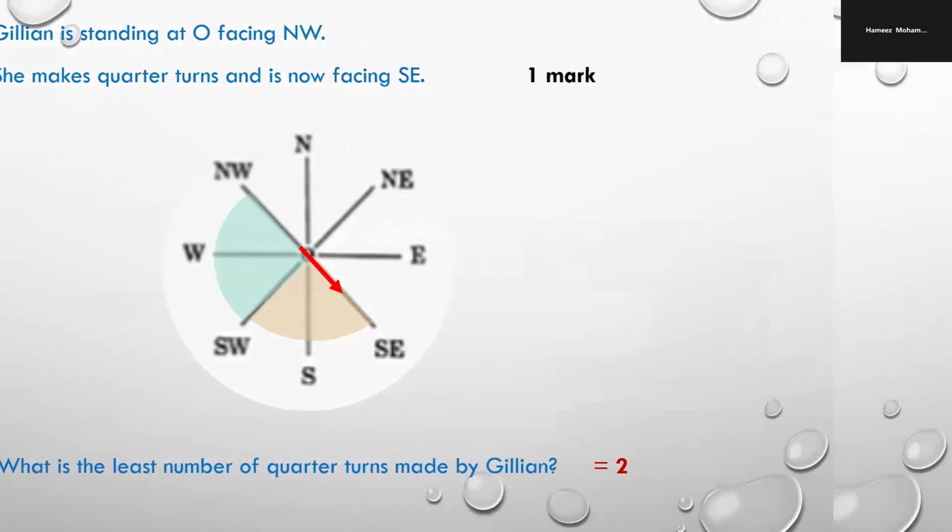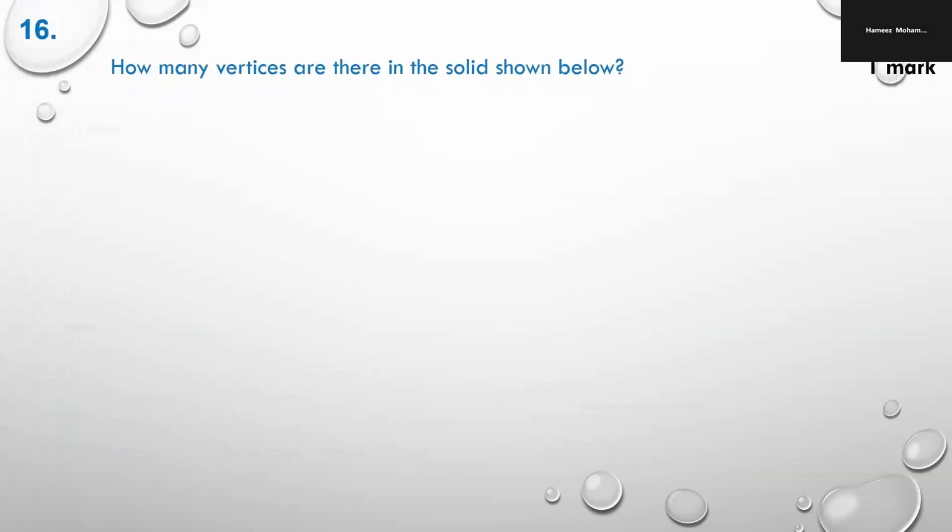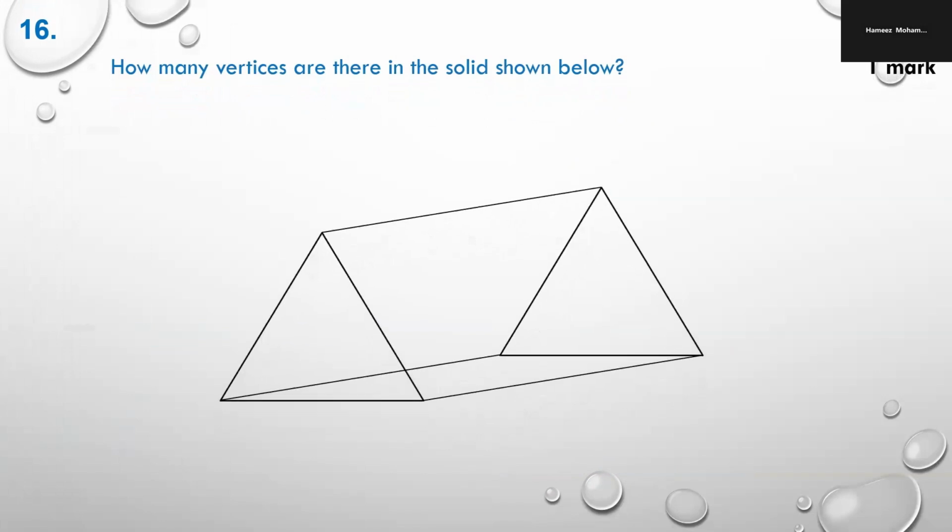Good. Let's go on to number 16 now, where we're looking at the idea of this shape. How many vertices are there in the solid shown below? So let's recall that if we have one side or one face meeting another face, when two faces meet, that forms an edge. When we have more than two faces meeting, then that will give us a vertex.